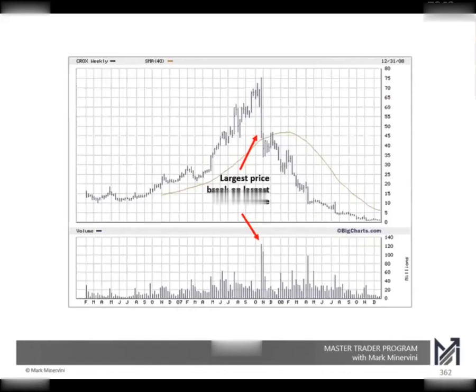And that's when you have the largest price break on the largest volume, daily and/or weekly. And usually when you get it daily, by the end of the week you look at the weekly and you get it weekly as well. In this case, that was the case. So this is actually a weekly here, but you can see you've got the largest price break since the beginning of the move on the largest volume. That's it. Out. I don't care. No questions asked. I'm out.